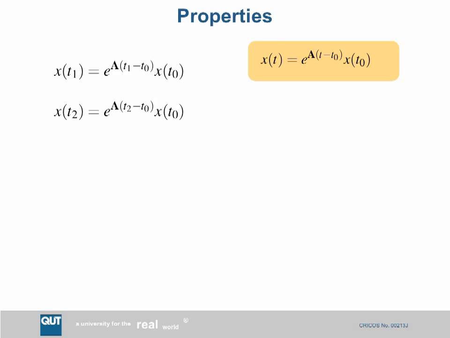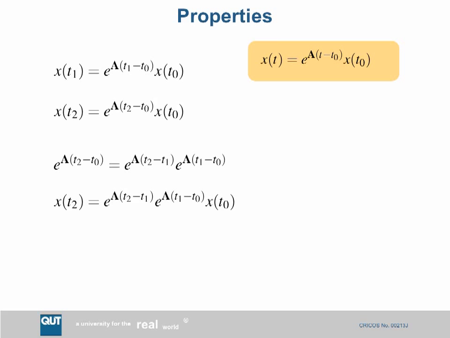So if I use the exponential to get me from time 0 to time 1, multiply that by an exponential that gets me from time 1 to time 2, that's the exponential that would get me in one step, in one hop, from 0 to 2. Yep, that's just fundamental properties of exponentials. There's nothing magic here about them being matrices. But what that means is that I can get from the state at time 0 to the state at time 2 in 2 steps by taking it to time 1 and then from time 1 on to time 2.